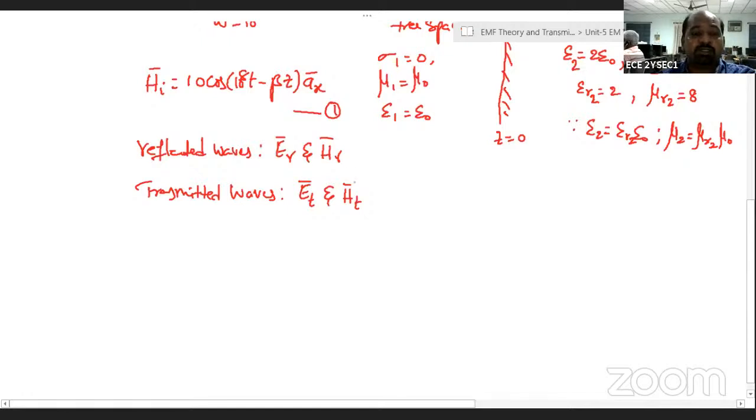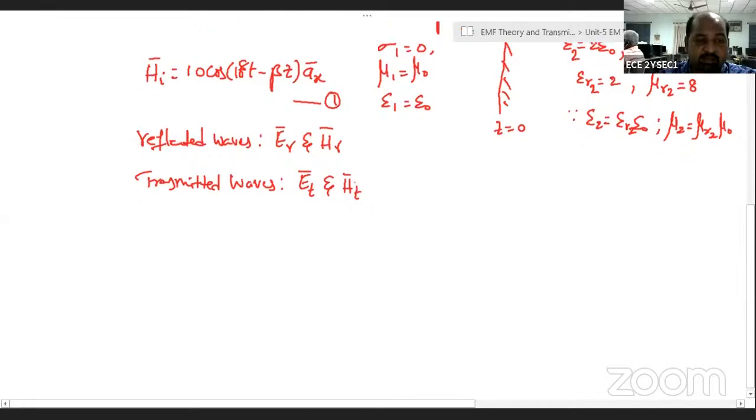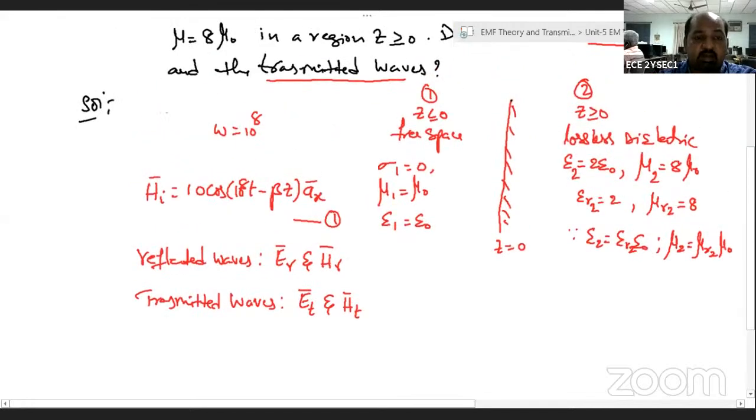So we need to determine these parameters. In equation 1 for H_i, we have beta 1. Why beta 1? Because the incident wave is in region 1. The reflected wave also belongs to region 1. The transmitted wave belongs to region 2.